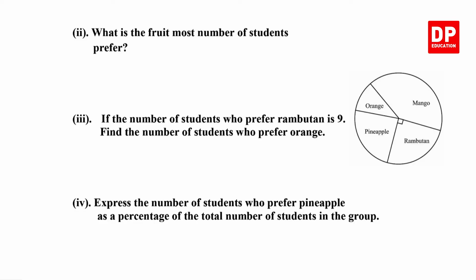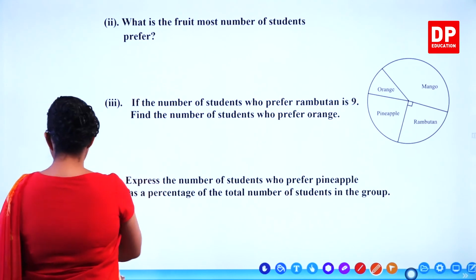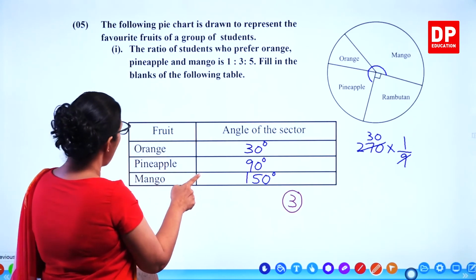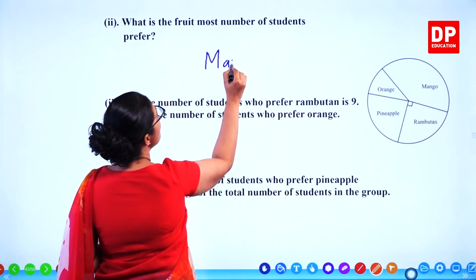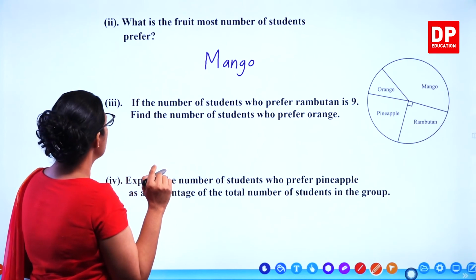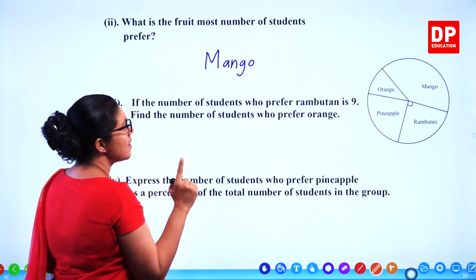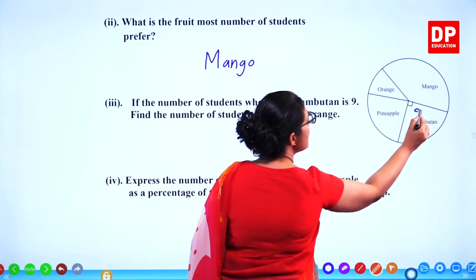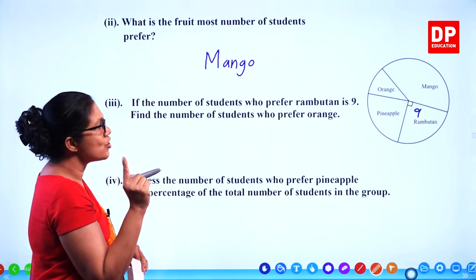Part 2, what is the fruit most number of students prefer? Which angle is the highest? Mango. Mango is 150-degree angle. So that's the preferred fruit. If the number of students who prefer pineapple is 9, so that means 90 degrees means 9. Find the number of students who prefer orange.